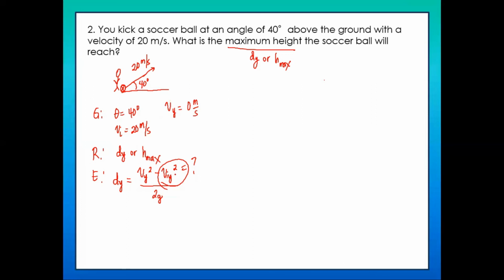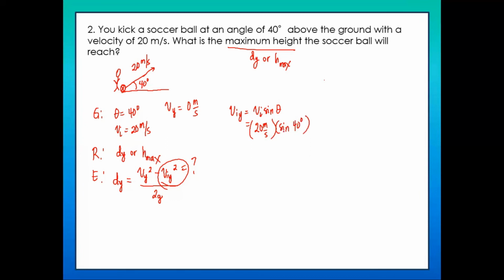So v sub iy, in order to get this, we have a formula. Our formula for that is v sub iy is equal to v sub I sine theta. So v sub iy is equal to v sub I, which is 20 meter per second, multiplied by sine theta, which is 40 degrees.